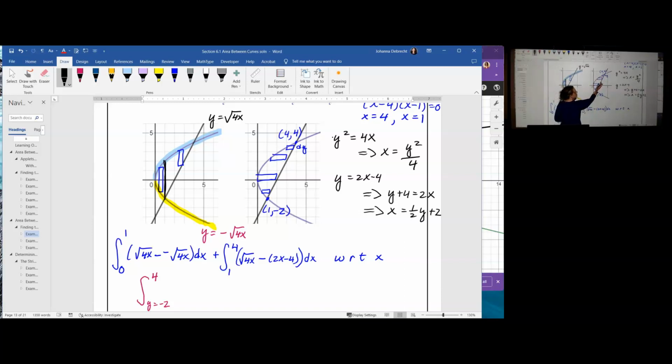We take the greater on the right and subtract the smaller on the left. In this case, this would give me the line rewritten in terms of y as 1/2 y plus 2 minus the equation on the left, which is y squared divided by 4. Note the differential also changes to dy.